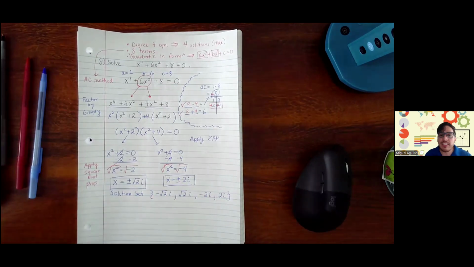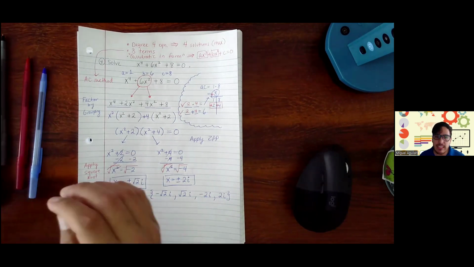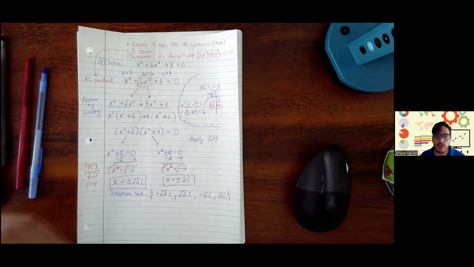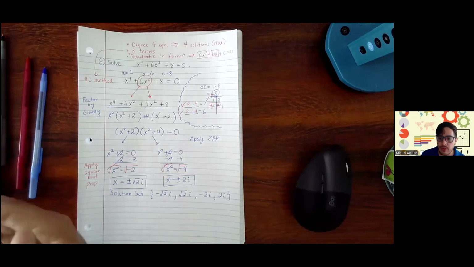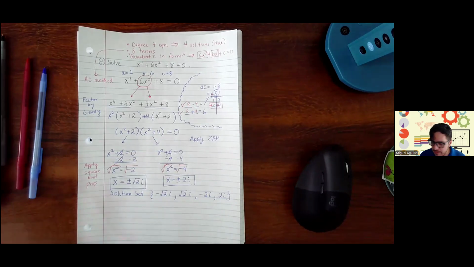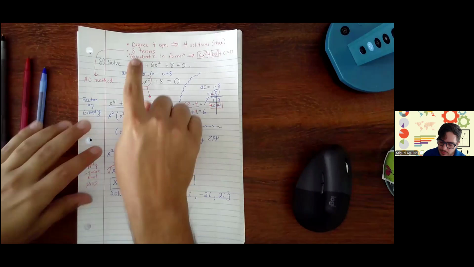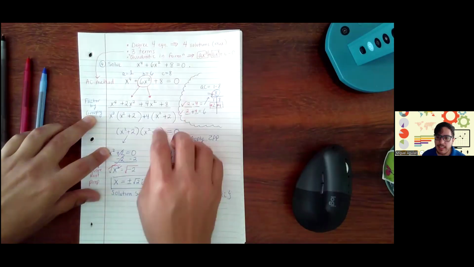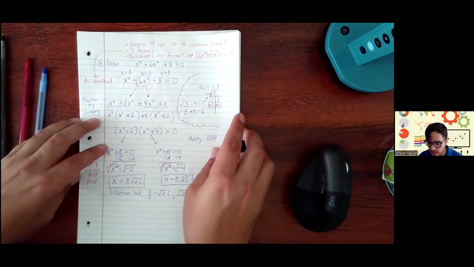All of the quartic, that is fourth degree polynomial equations that we're going to encounter in this class, you don't have to check your solutions. As long as you get 4, and as long as you carried out the process faithfully, didn't lose any negative signs, and did your factorization correctly, you should be okay. So this is going to be sort of a trust me bro situation. Just trust that if you have your 4 solutions, that's going to be your best bet for your answers.